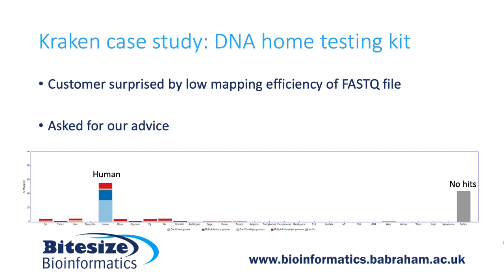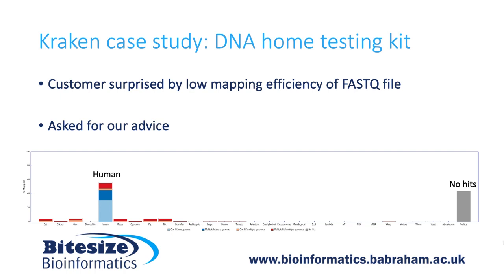What they were concerned about was that a large number of the reads in the FastQ file couldn't be assigned to the human reference genome. And as it turns out, quite a few people with this company have been having similar problems. If you look at the figure here, actually this one isn't too bad, but about 60% of the reads do map to the human genome, which is good, but then there's a substantial number of reads which don't.